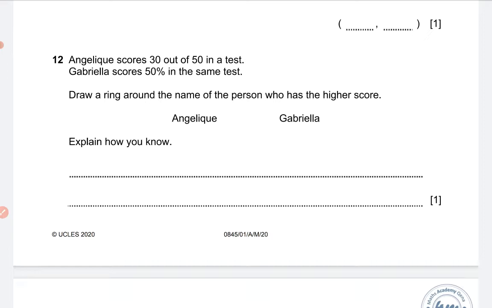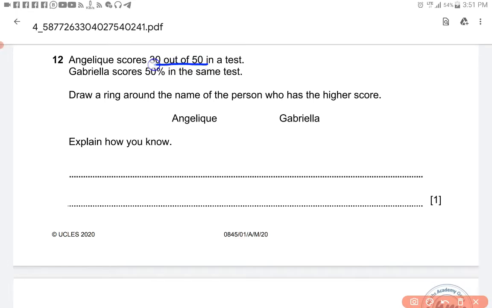Angel scored 30 out of 50 in a test. Gabriella scored 50% in the same test. Draw a ring around the name of the person who has the higher score. At first, you will change 30 out of 50 into a percentage by multiplying by 100%.